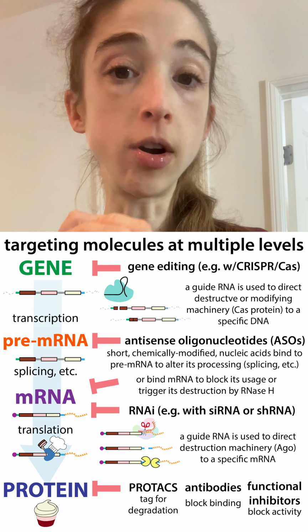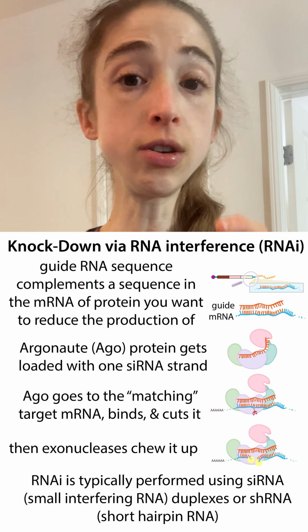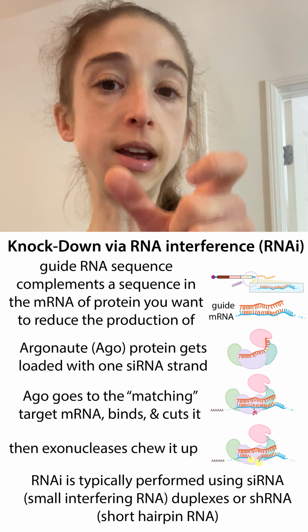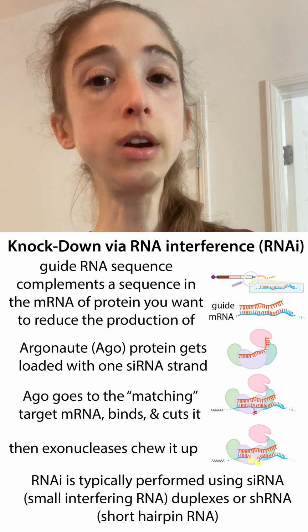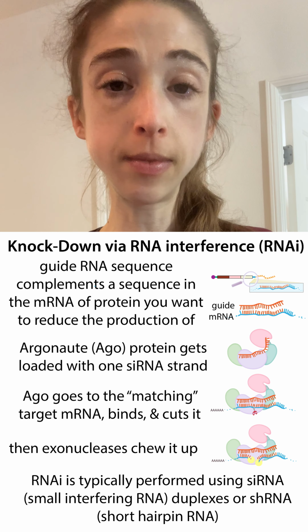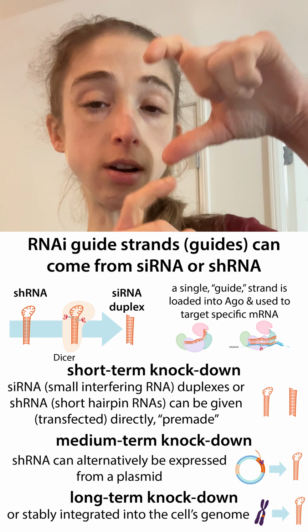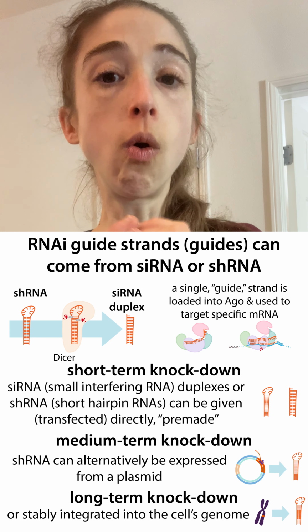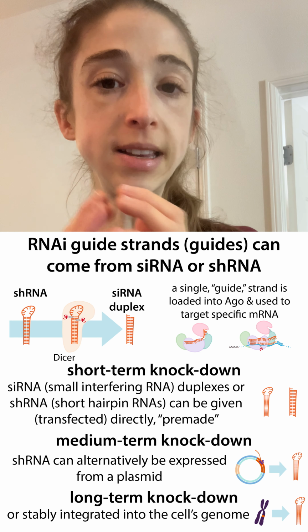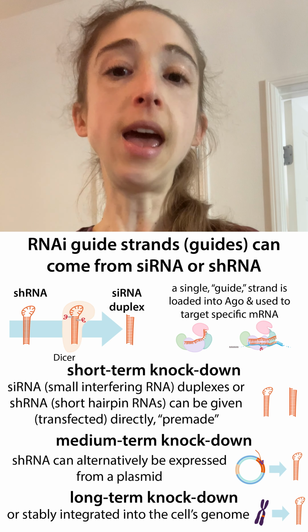Also targeting the mRNA is RNA interference, or RNAi. Here you use short RNAs that get bound by a protein called argonaute. Argonaute goes to the target and causes the mRNA to get degraded. You can introduce these guides with siRNAs, double-stranded RNAs that get processed in the cells, or with short hairpin RNAs, shRNAs, that are going to be produced by the cell itself and then processed.